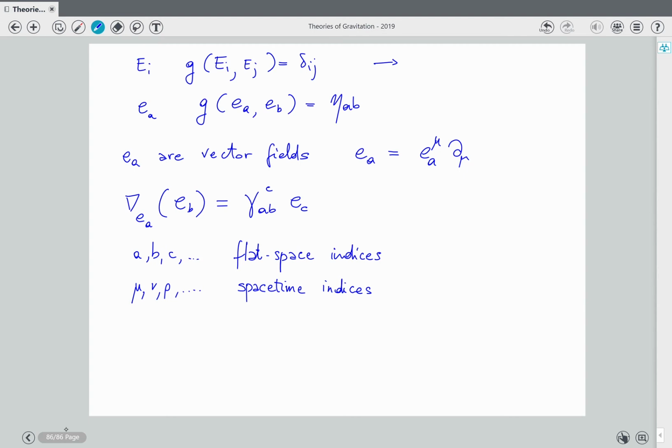So these objects, E, A mu, basically are what takes us from one type of indices to the other type of indices. Notice that the basis EA is defined locally, as well as the basis of derivatives partial mu, that's defined locally.